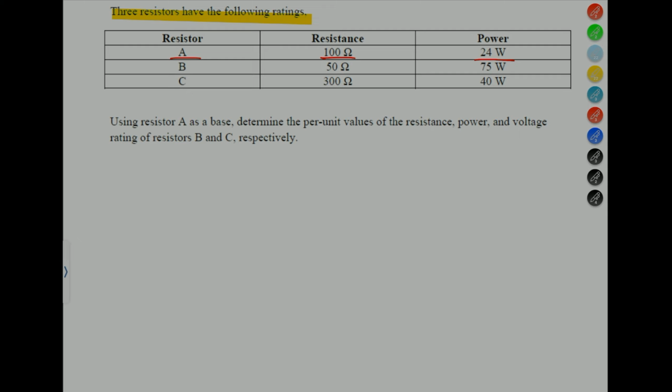We're going to call it resistor A. So let's say RB is equal to RA, which is equal to 100 ohms. Then let's call our base power PB, equal to PRB, which is equal to 24 watts.